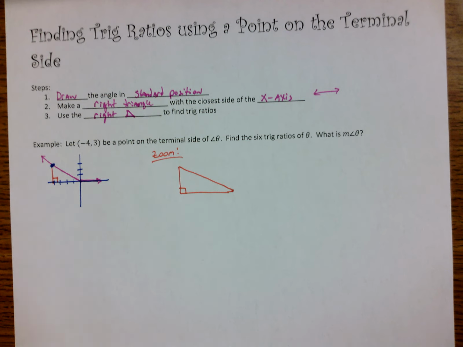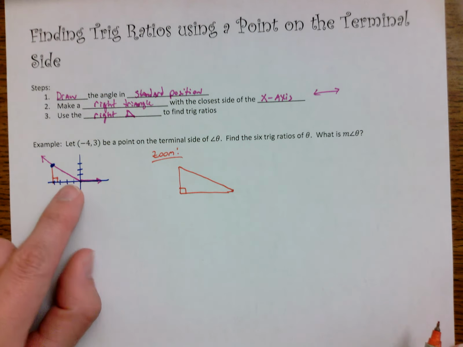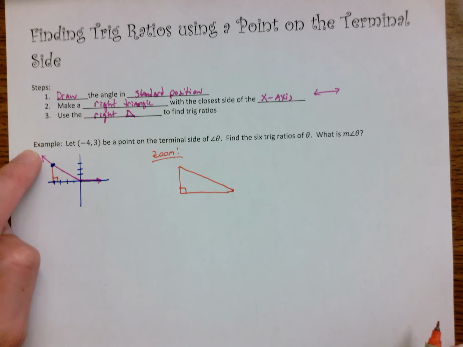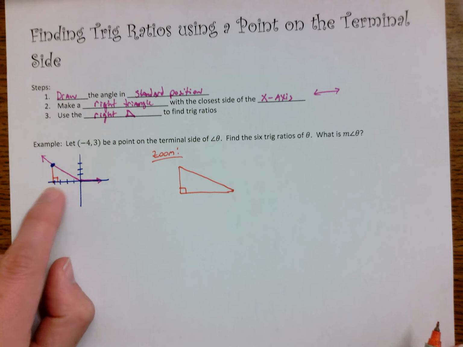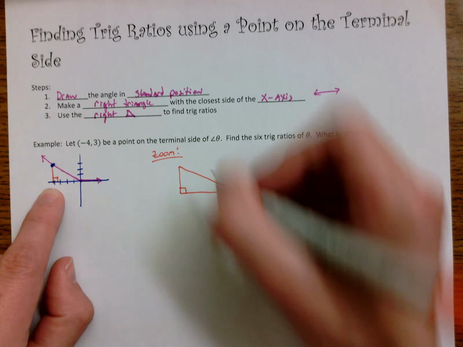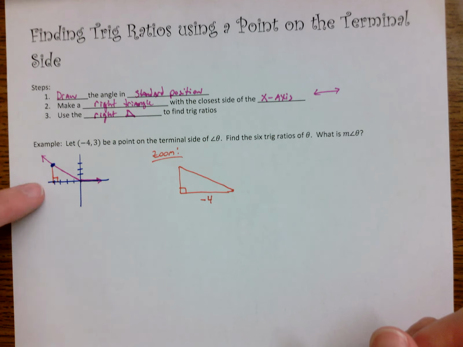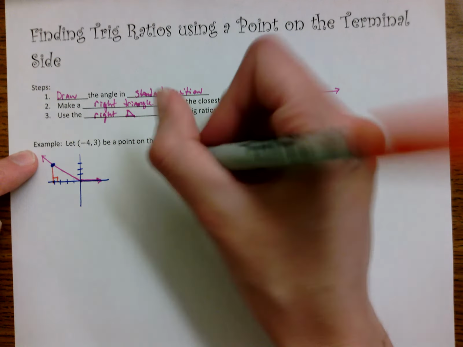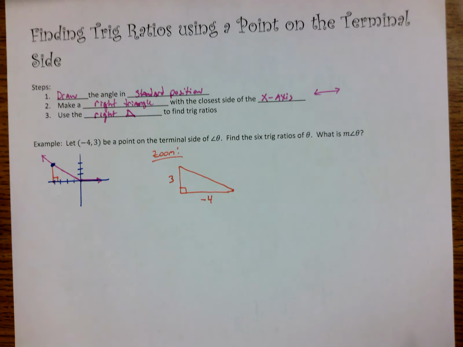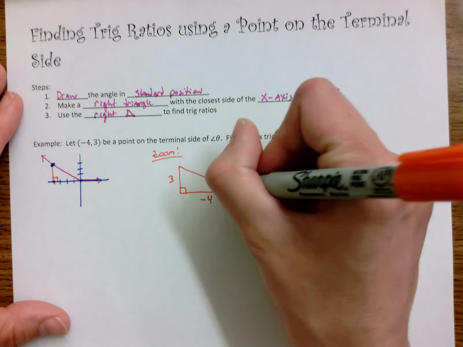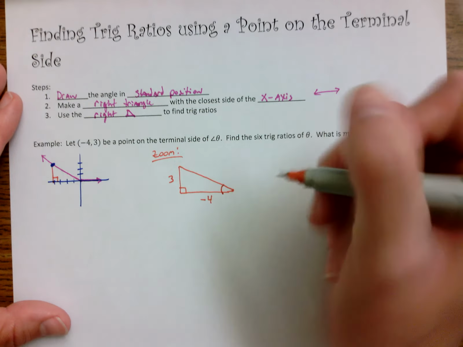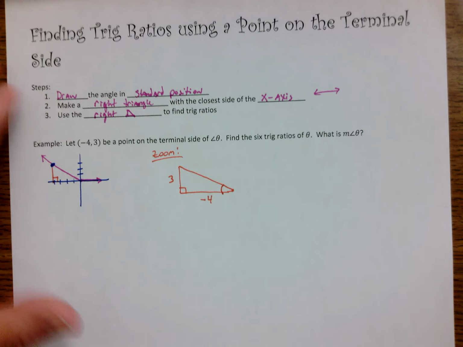Now let's think about what we know about this triangle. Well, because of the way that I plotted that point, negative 4, 3, we went to the left 4, right? So this side here, that's like negative 4 long. And then we went up 3, right? So that's like positive 3. Okay, so we've got this information. And then this angle down here, the one at the origin, that is something called a reference angle.